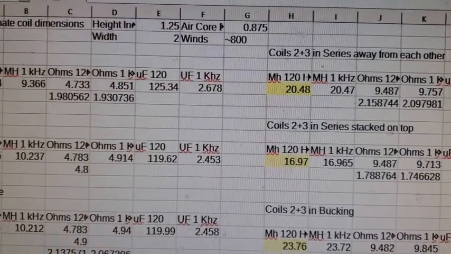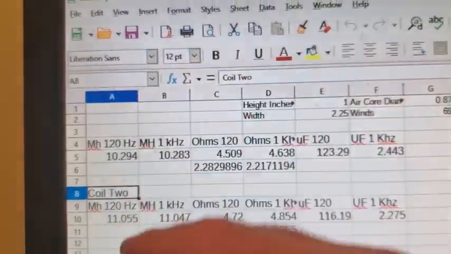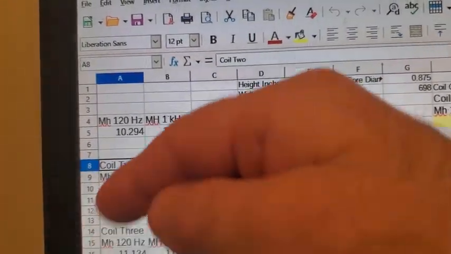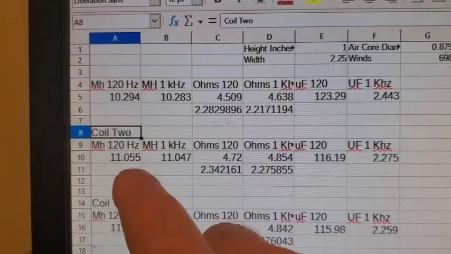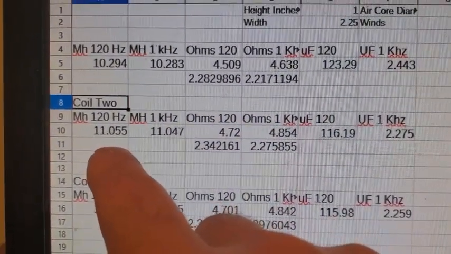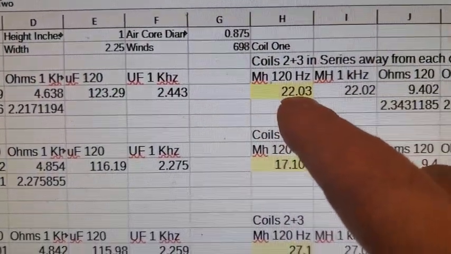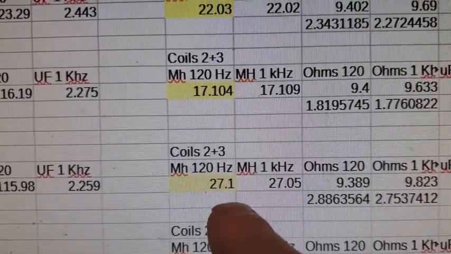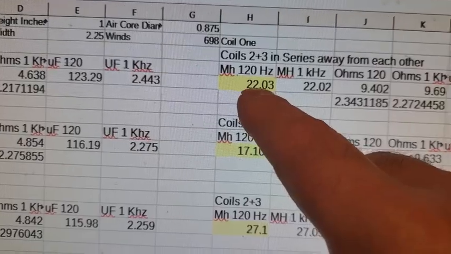Now if we go to the next set, because we wound the coils in a different shape, no crazy Mobius strip coils or anything like that, just air core solenoids, we're getting this improvement. Now when we put the two in series, it's 22.03. When it's bucking, it's 27.1 versus this.